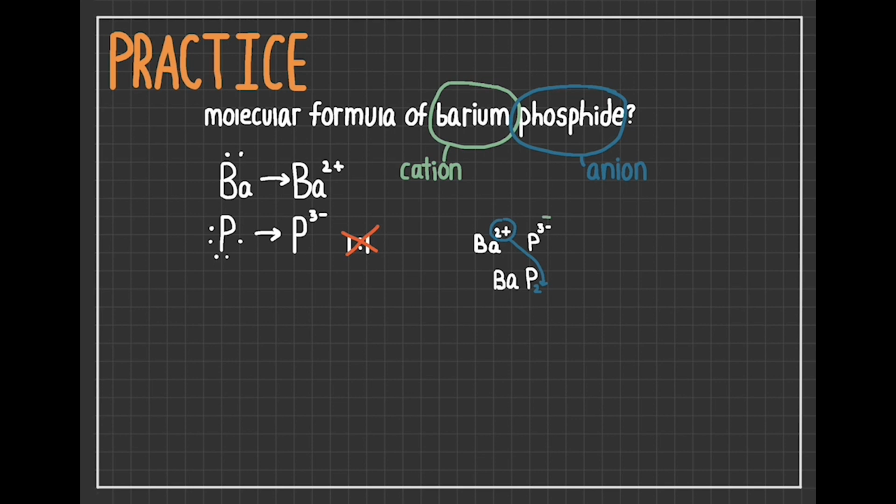Take the charge of the left atom on top and place that number underneath the right atom on the bottom. So now we have Ba3P2, and 3 barium ions gives you a 3 times positive 2 equals positive 6 charge, and 2 phosphorus ions gives you a negative 6 charge. Negative 6 plus 6 is going to equal 0, so we have successfully balanced the charges of this ionic compound.